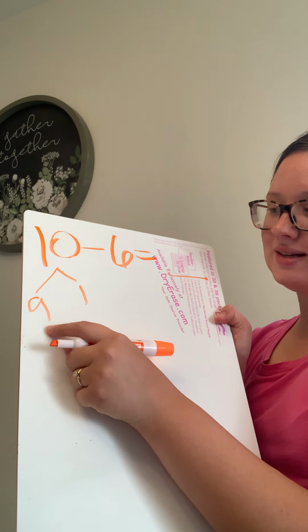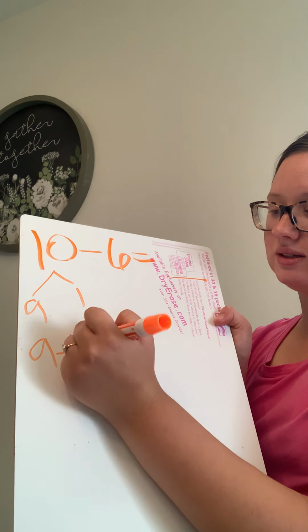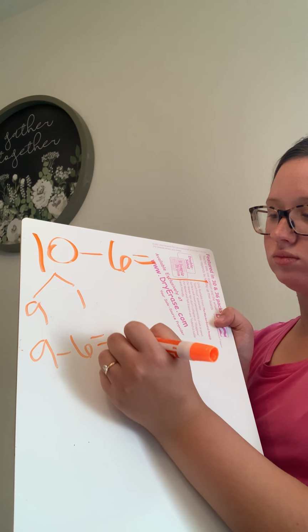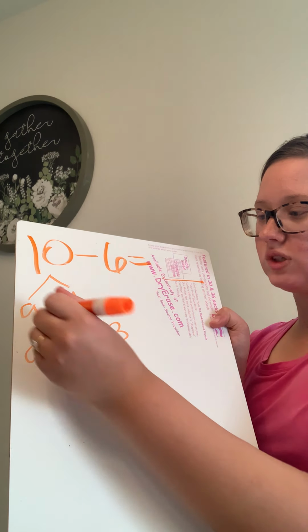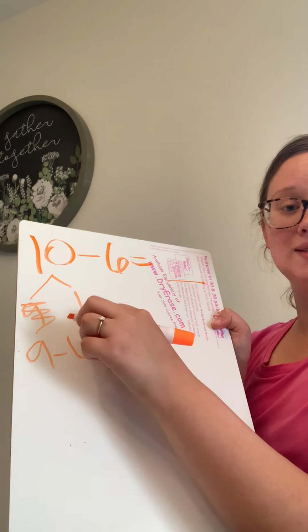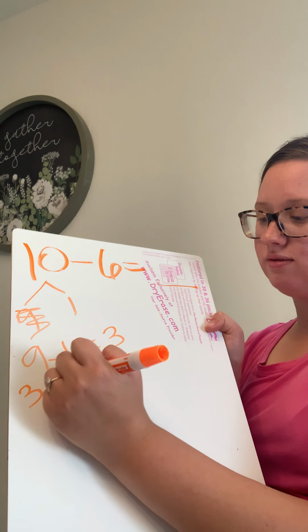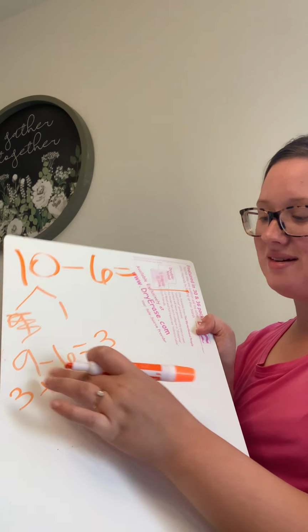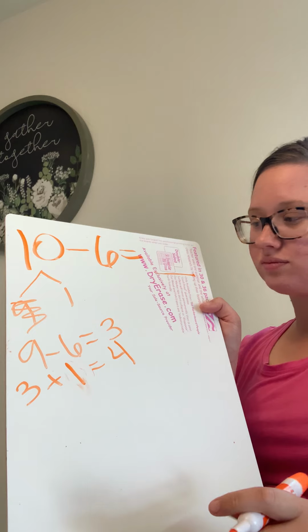And I know that I can take 9 from 6. So 9 minus 6 equals 3. So I use this 9, but I still need to add this 1 back in. So 3 plus 1 equals 4.